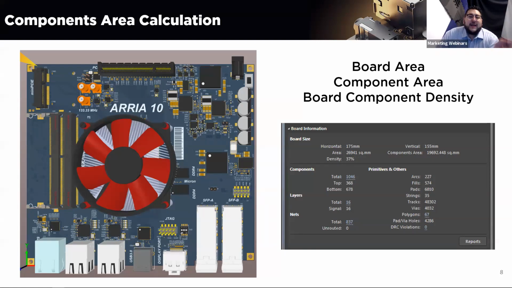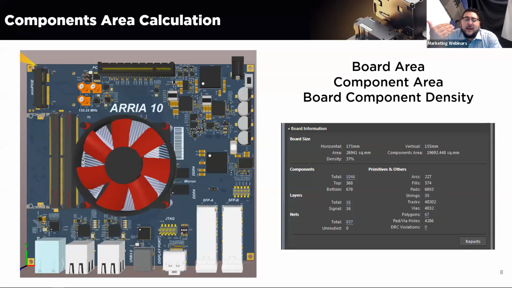When you are looking at a component itself, if you are using the component layer type, and we'll go over that in a little bit. In the demonstration, I will show you how to make a component layer if you don't already know how to make that. But it will take the area of the component layer and it will calculate that in your design.